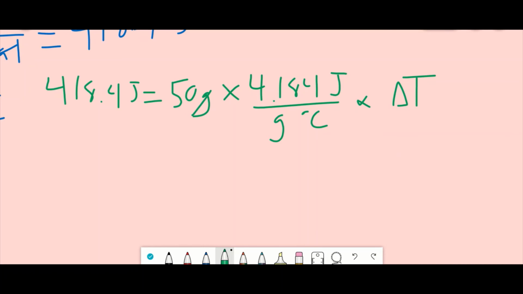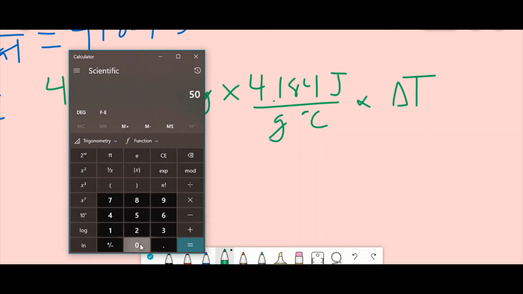Remember the grams and grams will cross out. So what we can do is multiply what we know together: 50 times 4.184. Let's take out a calculator. 50 times 4.184 is equal to 209.2. So let's write that.